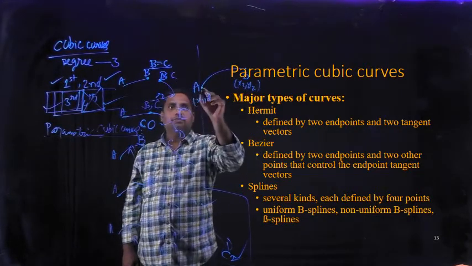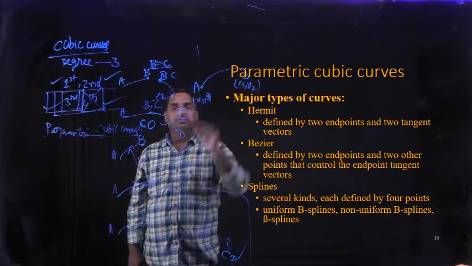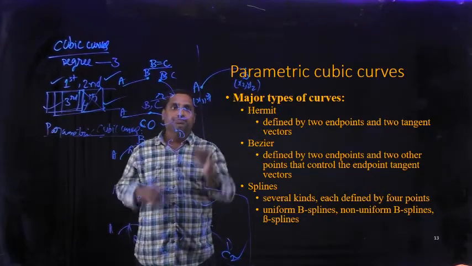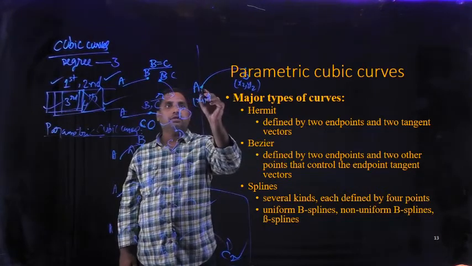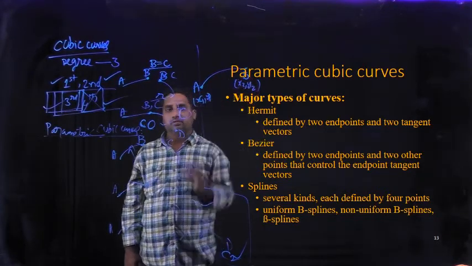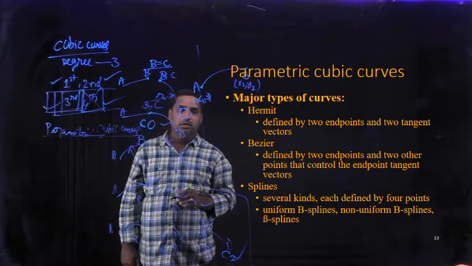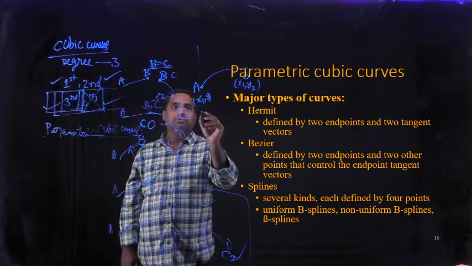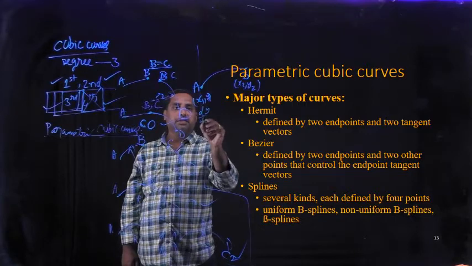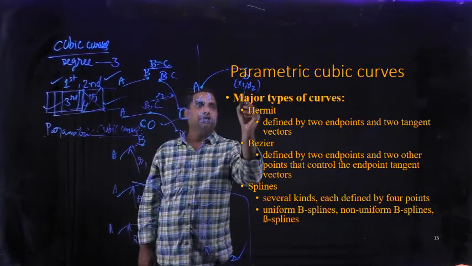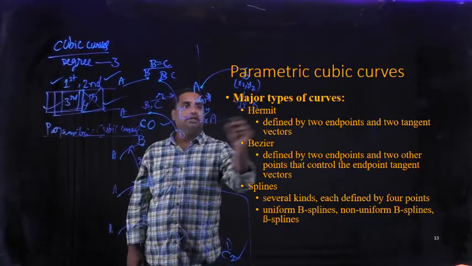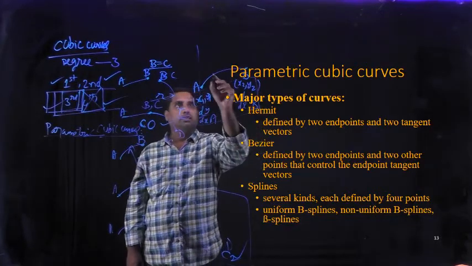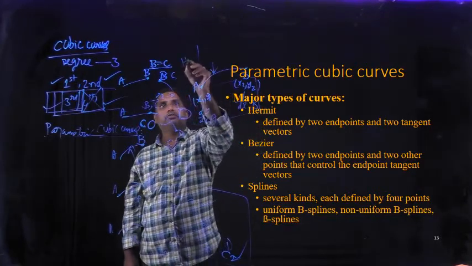And the derivative also we require. So we require the derivative at A and the derivative at B of the curve, dy by dx at A, dy by dx at B. So the four conditions. Here this is a Hermite cubic curve.